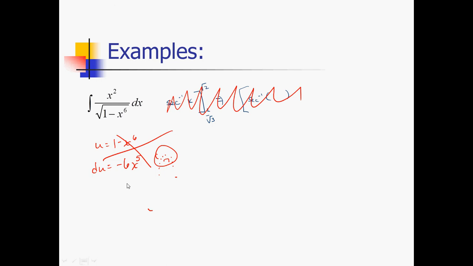Must be an algebra rewrite or a formula I don't recognize, right? So I think about some algebra and then I'm like, oh, wait a second, there's a radical in the denominator with a 1 minus. I do have to think a little bit of an algebra rewrite.